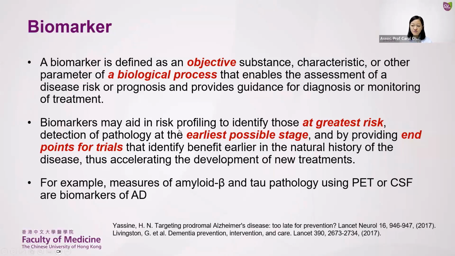Biomarkers may aid in risk profiling to identify those at greater risk, detection of pathology at the earliest possible stage, and providing endpoints for trials that identify benefits earlier in the natural history of the disease, thus accelerating the development of new treatments. For example, measures of amyloid beta and tau pathology using PET or CSF are biomarkers of AD.